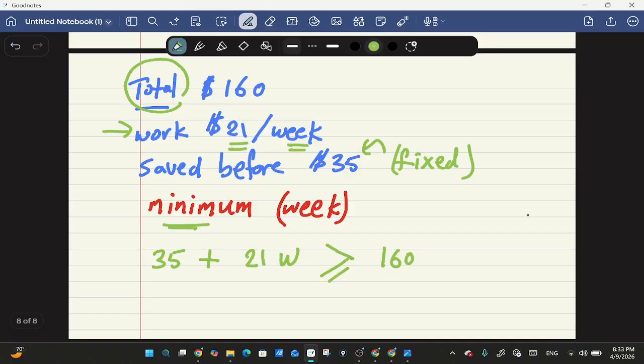We can represent this as follows. If he has $0, he cannot get the ticket. If he has $10, he cannot. He will keep working. If he reaches the 35 as savings, it is also not enough.